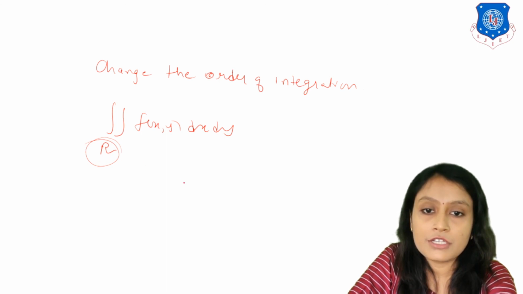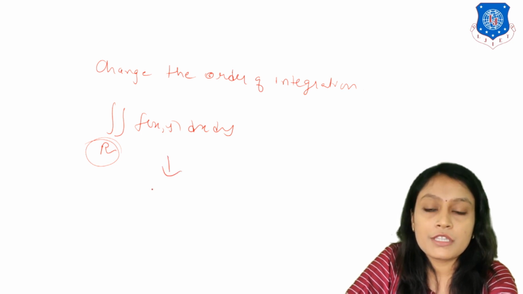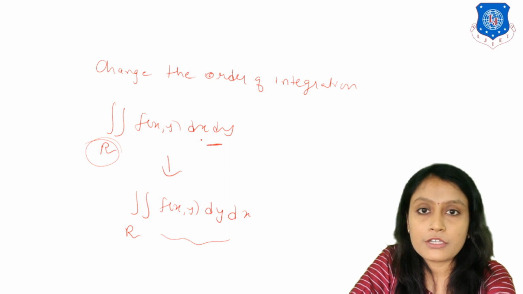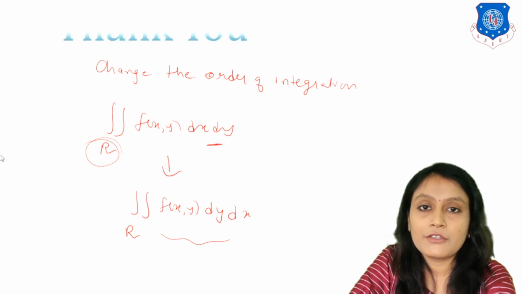Then we will change the strip and we will change the order. So you will get this double integration f of x, y, dy dx over region R, and we will evaluate this integration to get the answer of the given question. So I hope you have understood throughout the session. Thank you for watching.